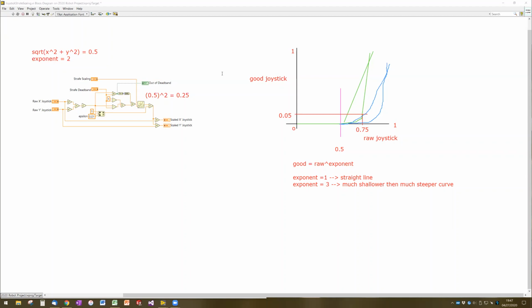And then we're going to do this division where we go 0.25 divided by the original magnitude, this line right here, which is 0.5, which equals, conveniently, 0.5 or 50%.